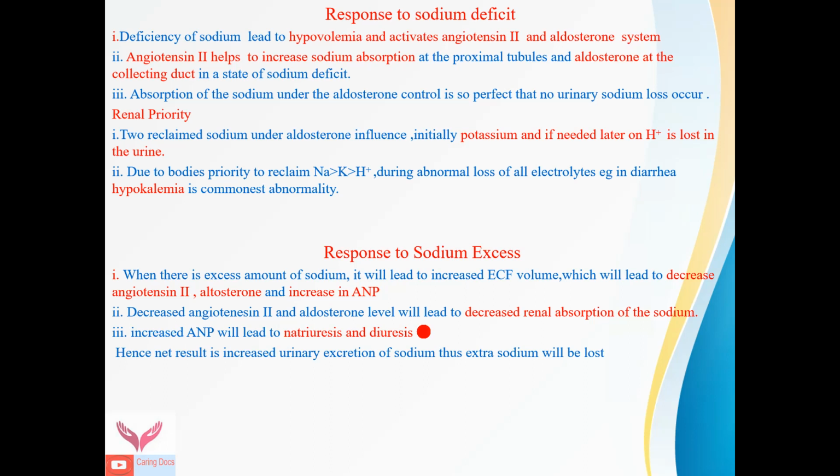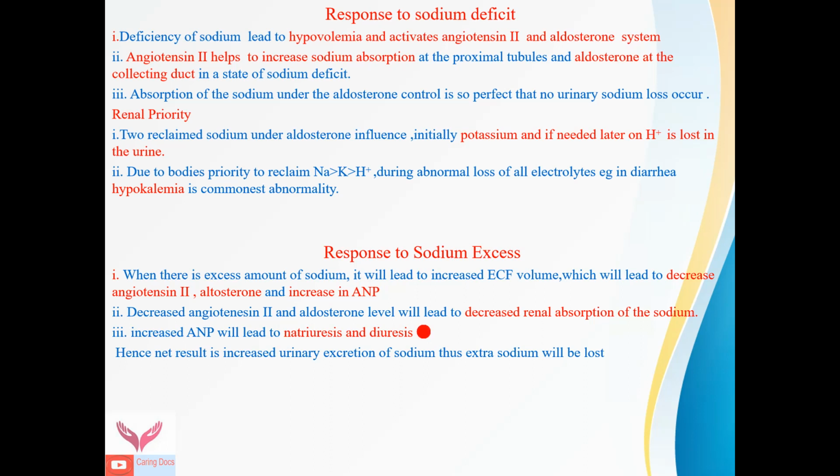Once again I will repeat, whenever there is sodium excess, there will be decreased secretion of angiotensin 2 and aldosterone, and there will be no reabsorption of sodium in the distal tubules or the proximal convoluted tubule, so more and more sodium will be lost in the urine.